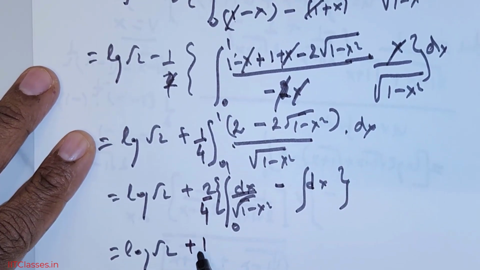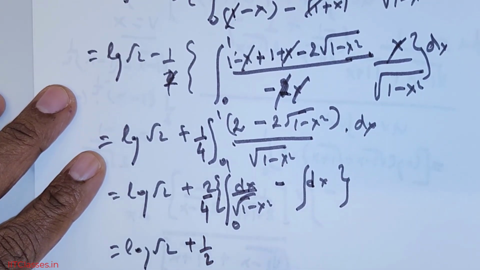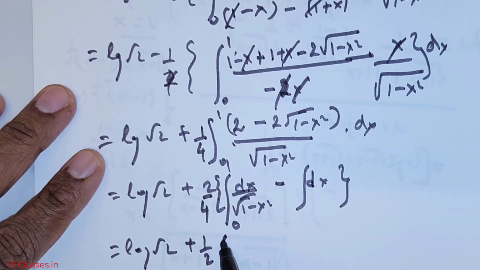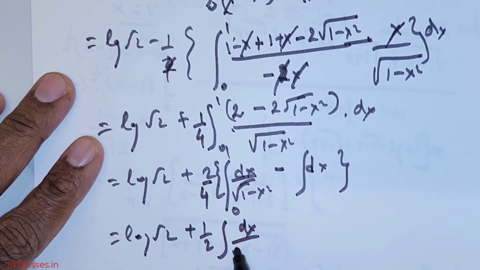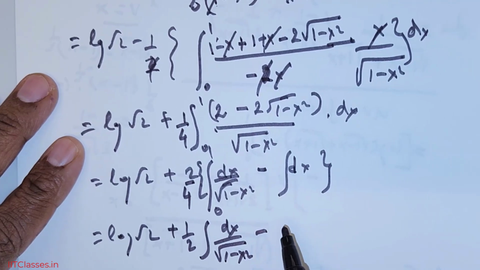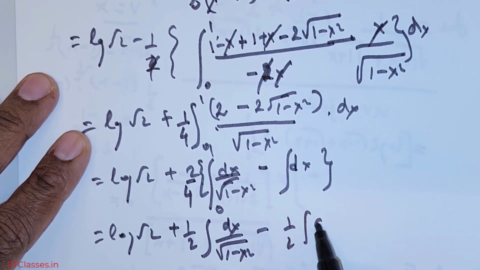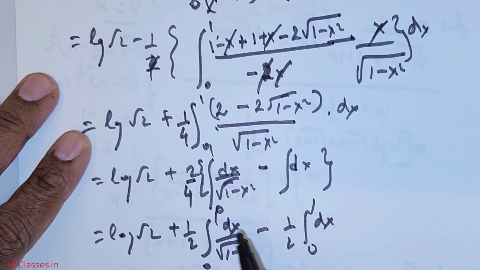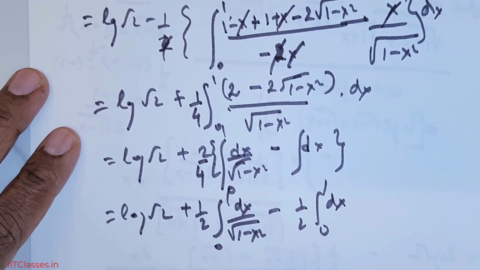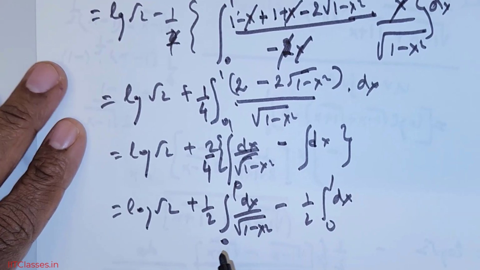And this is going to be 1 over 2 now. Okay, 1 over 2 integral dx over root of 1 minus x squared, followed by 1 over 2 integral dx. The limits are 0 to 1. So that is what we have now.